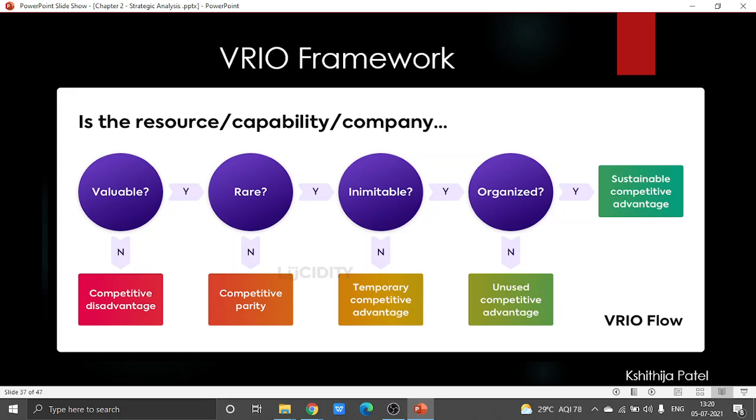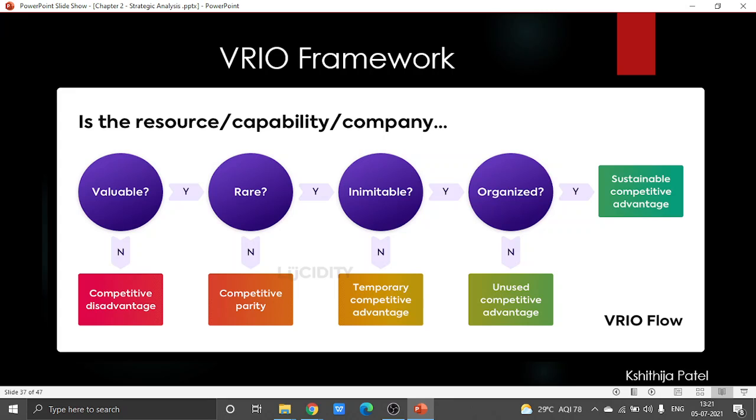R stands for rare, where it asks whether the organization's resources are rare in nature. Then we have I, inimitable, which asks whether the organization's resources are inimitable in nature. And we have O, which stands for organized, which asks whether the organization's resources are organized.